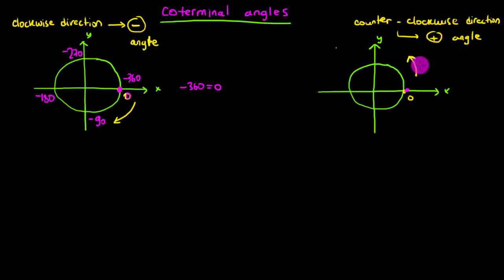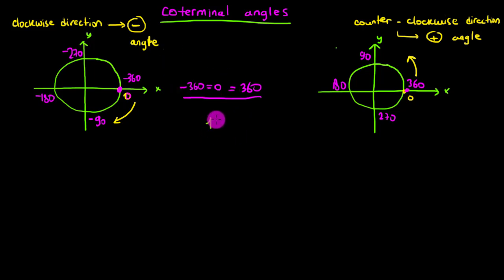So this one is 0, this one would be 90, this one 180, this one 270, and this one 360. So 0 and 360 are also equal. Do you see? According to this logic, you can find the coterminal angles of any angle.